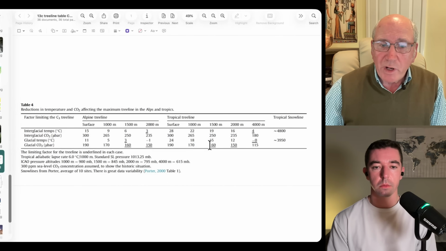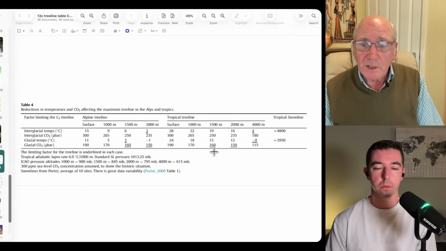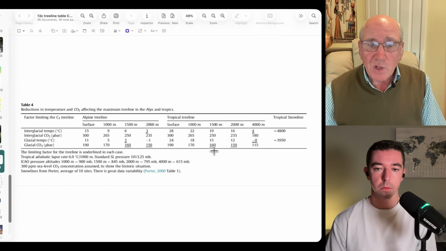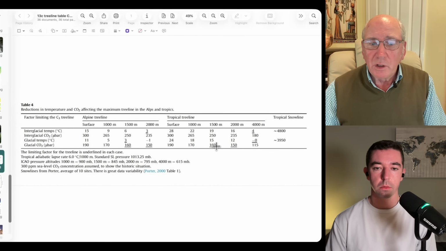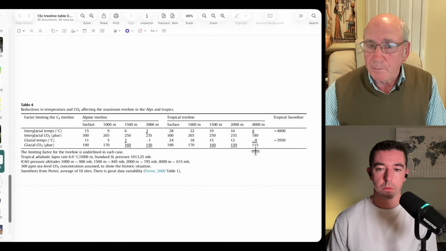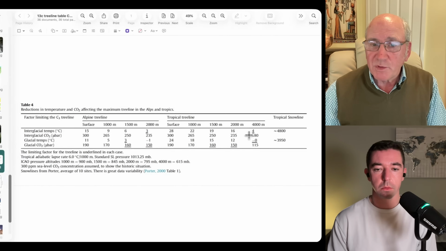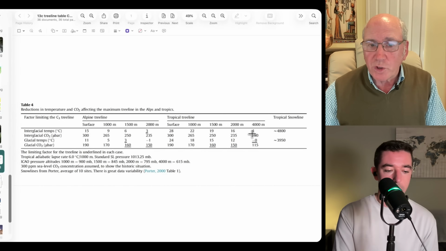And so once we reach 160 parts per million, C3 plants cannot complete a life cycle. And so at 1,500 meters during the glacial period, it is CO2 that is the limiting factor. In terms of temperature, the limiting factor is about, I've got 16 degrees and 4 degrees there.